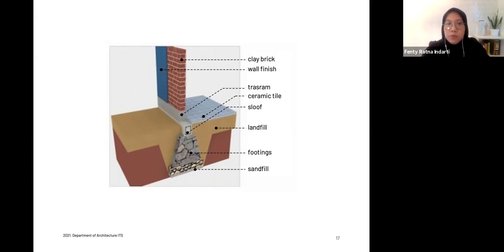If you don't provide this, usually the groundwater will be absorbed into the walls. It creates high humidity inside the walls. I think you can see it in your bathroom, for example. That's the easiest way to take a look. When you have a lot of water and the wall absorbs it, you will have a lump, something bumpy in your walls.